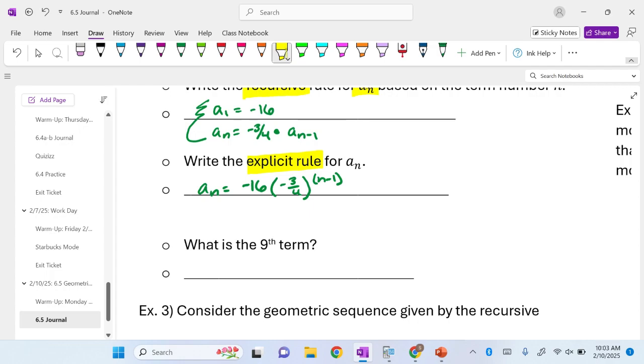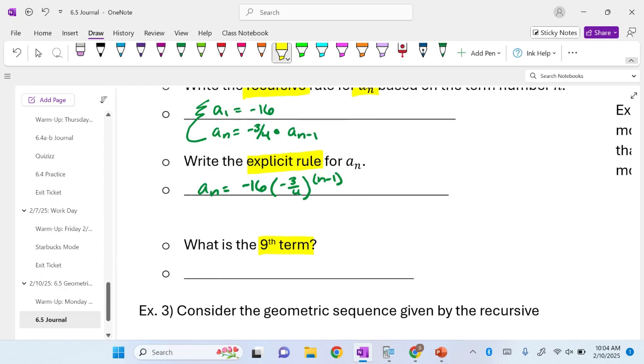Now, it then wants us to find the 9th term. Which formula would be the most effective to find the 9th term of this sequence? Which one, the recursive or the explicit? Explicit. Why would you think explicit, Elise? Well, let's think about it.